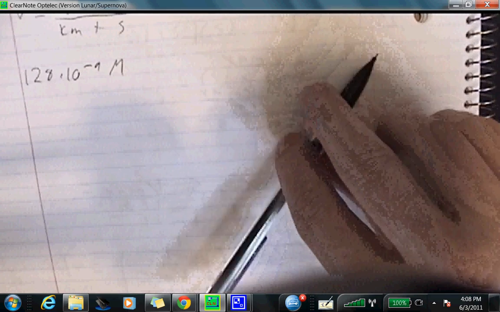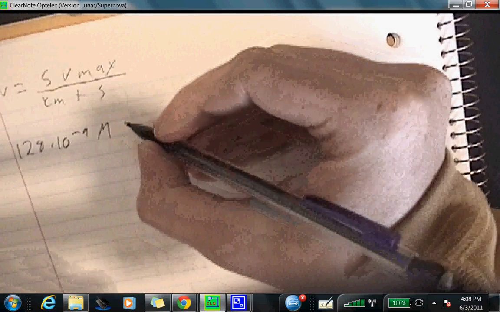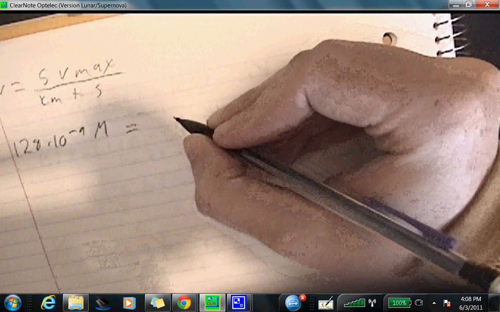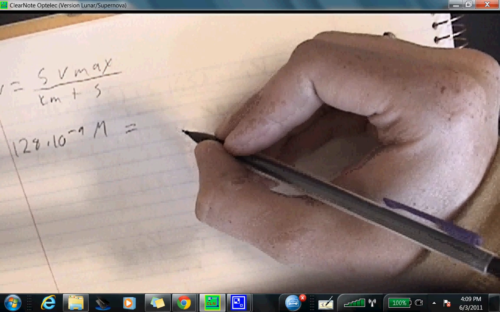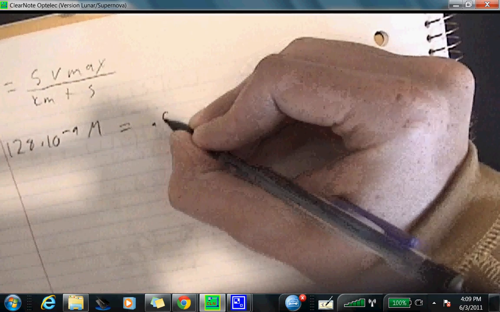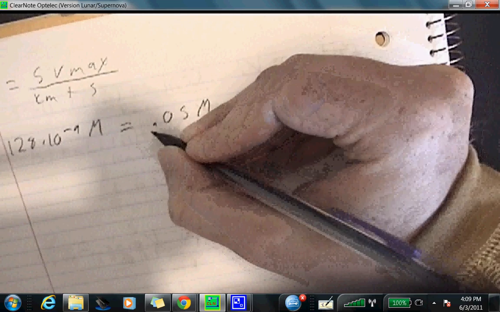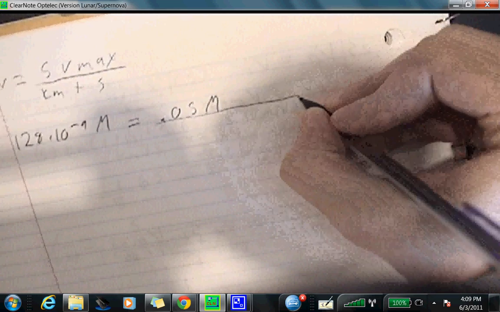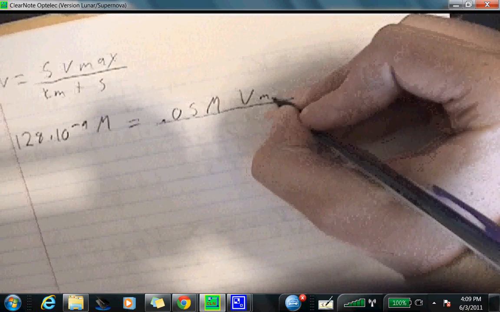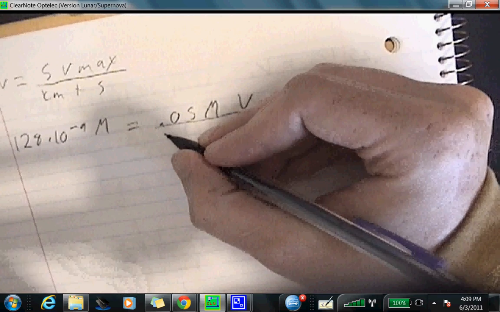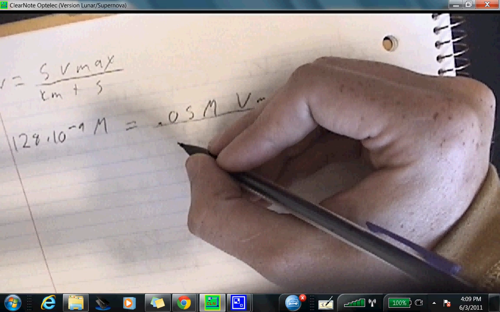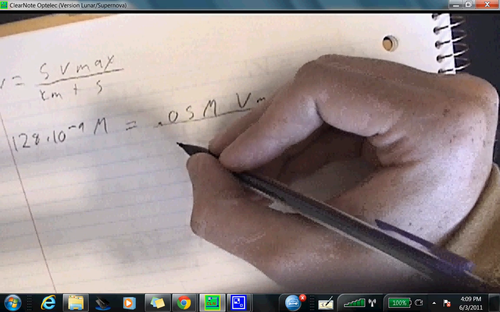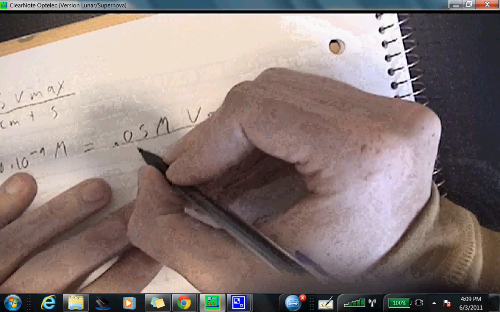Your Km is 2.4 times 10 to the negative fourth, and your substrate is 0.05 moles. This is Vmax.